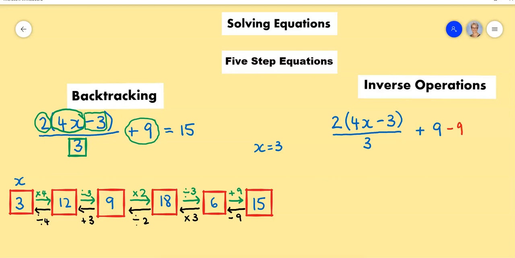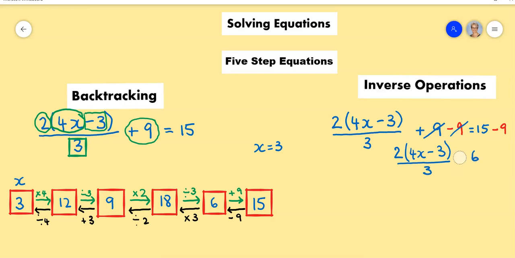I'm going to subtract 9 from both sides so that I end up with 15 minus 9 on the right-hand side of the equation. Plus 9 and minus 9 will cancel out, and I am left with 4x minus 3 over 3 is equal to 15 minus 9, which is 6.